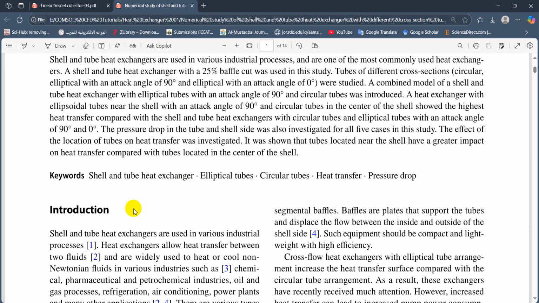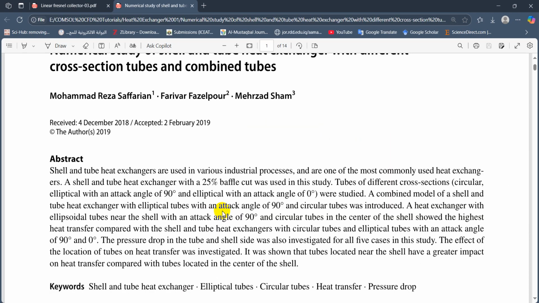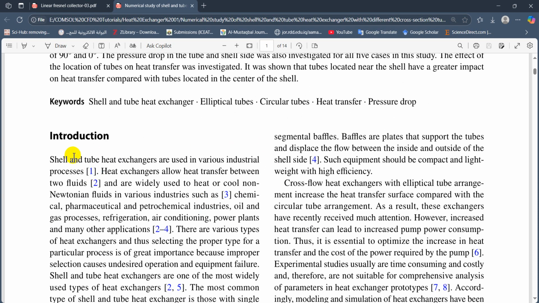The introduction should start with general information about the paper topic. As we said, this is a paper focusing on the shell and tube heat exchanger. The authors try to study the influence of different cross-section tubes and combined tubes, as I will illustrate soon.